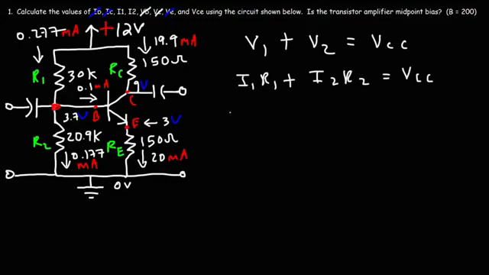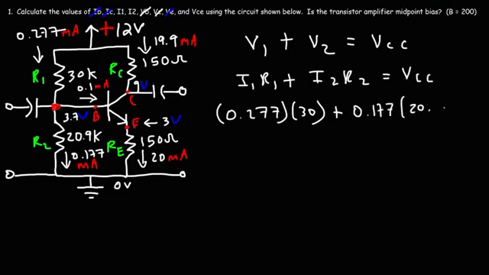So I1 is 0.277 milliamps, and R1 is going to be 30 kiloohms. I2 is 0.177 milliamps times R2, which is 20.9 kiloohms, and that should equal 12 volts.